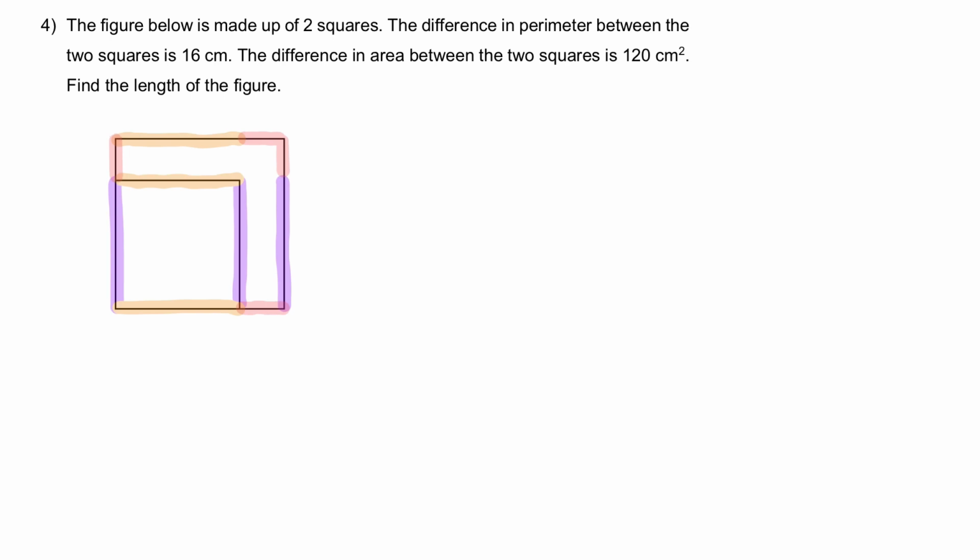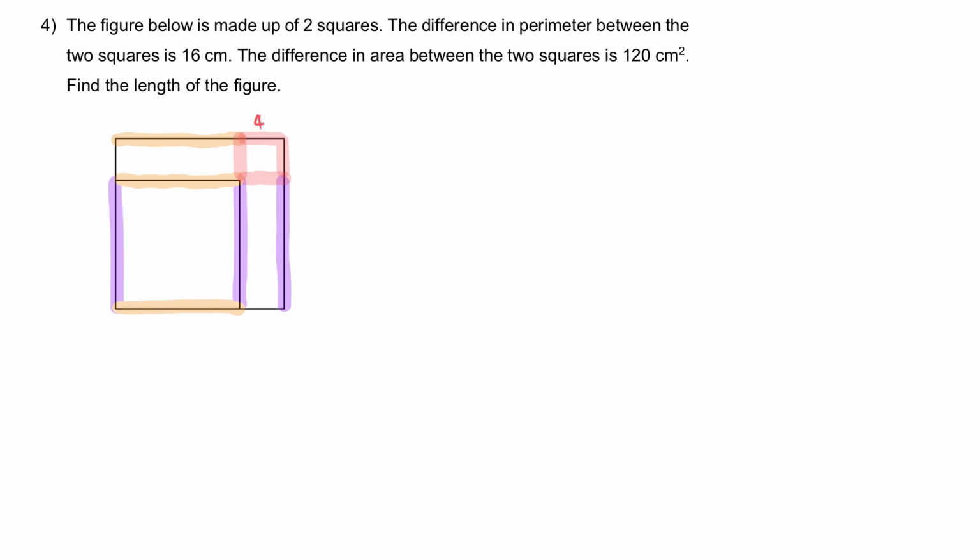What do the 4 equal red highlighted lines give you? When I move it this way, they form a square, isn't it? Hence, if this is the difference, which is 16 cm, it means that this must be 4 by 4. Let me write it down.